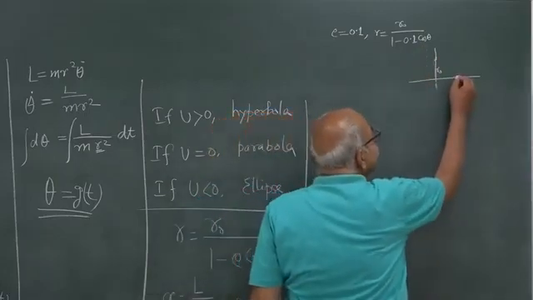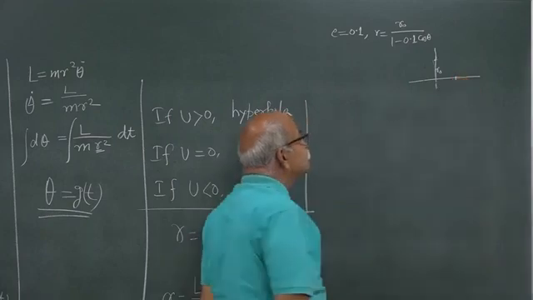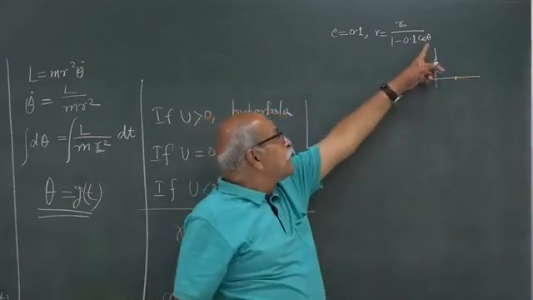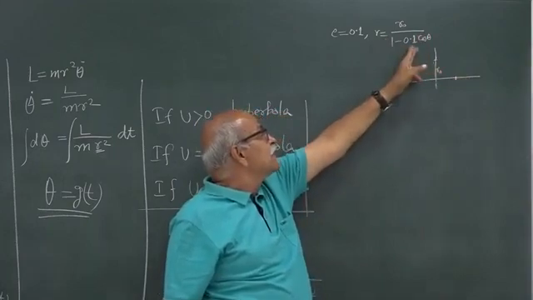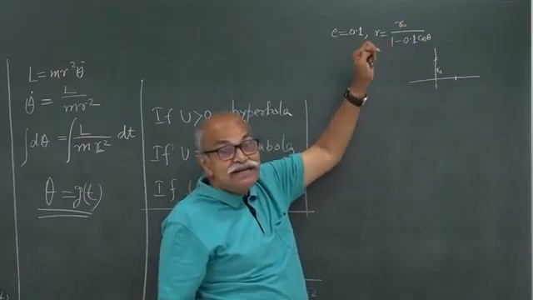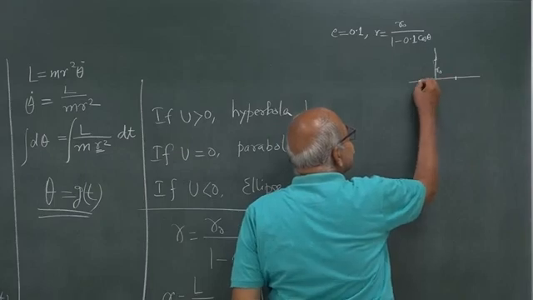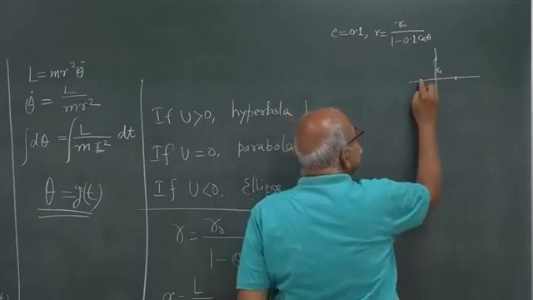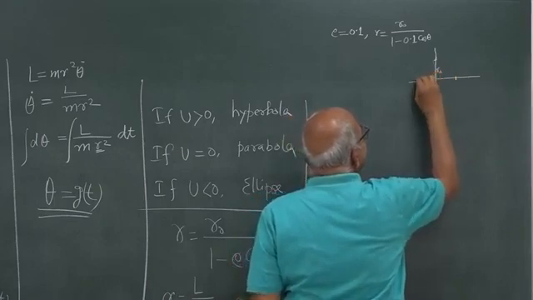So, you have a point somewhere here, a little more than r naught. If theta is pi, cos theta is minus 1, then it is 1.1, r naught divided by 1.1, a little less than r naught. So, a little less than r naught somewhere, let us say here. So, it is of this type. So, you have an ellipse.